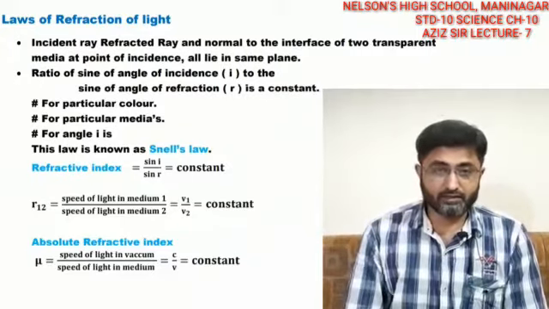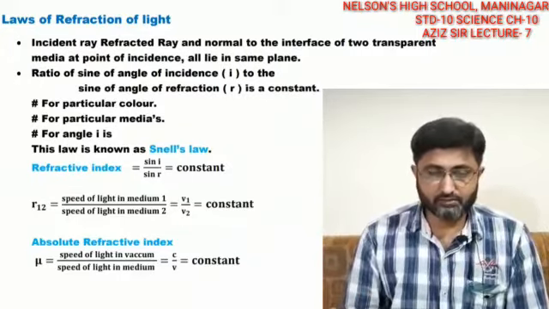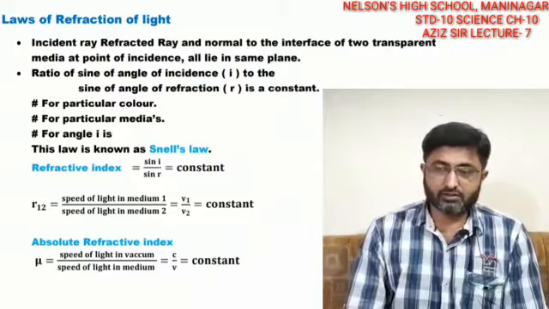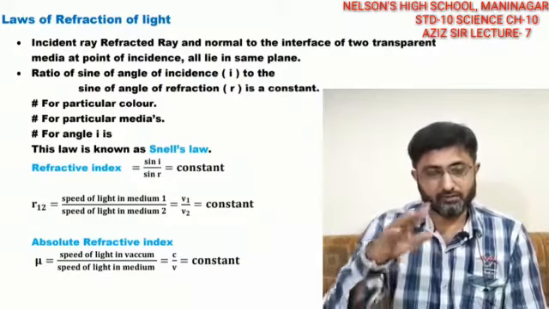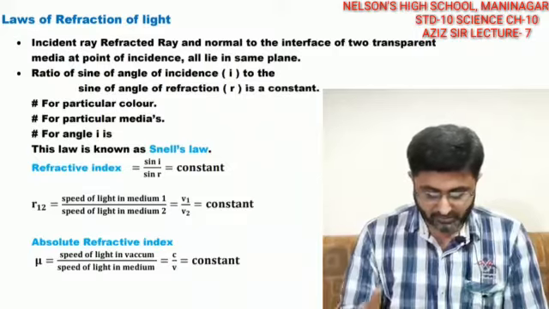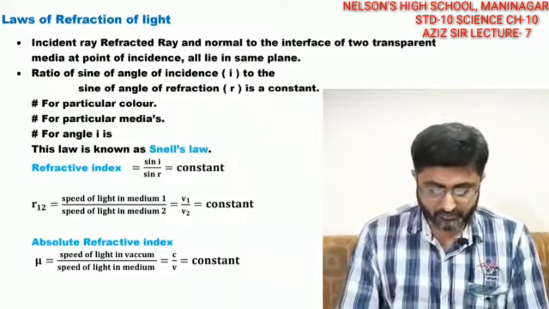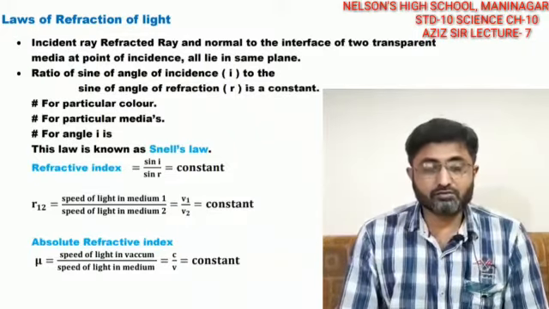And the color of light: there are 7 colors of light, with 3 basic colors, and the wavelength should not change. So these 3 things need to be constant. This law is known as Snell's law.